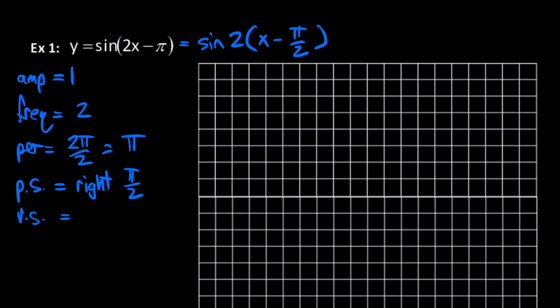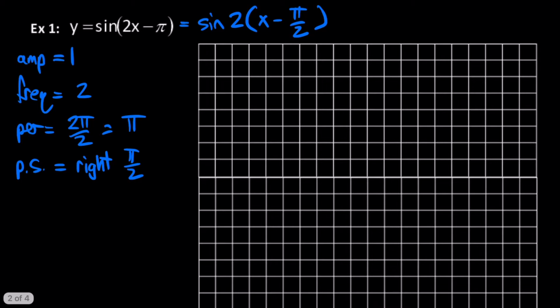So we don't even need that. Don't have a vertical shift. Before I set up my axes, what I want to do is make my thumbnail sketch. We have positive sine. So that's hill valley, if you remember. The period is pi. So one cycle of this will be pi.